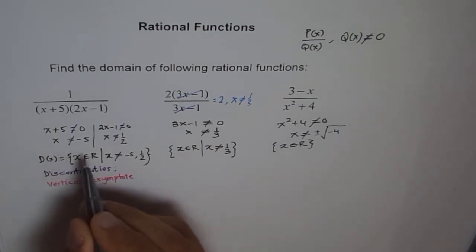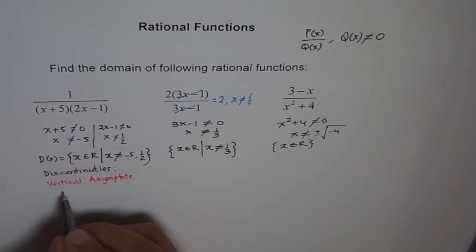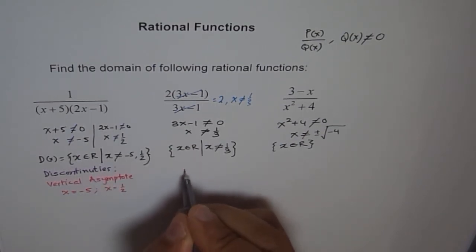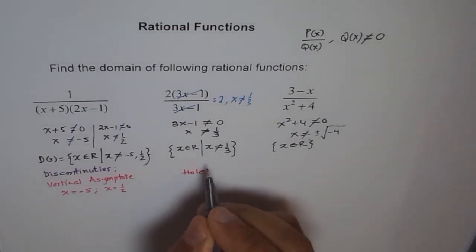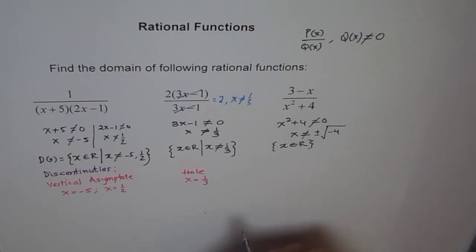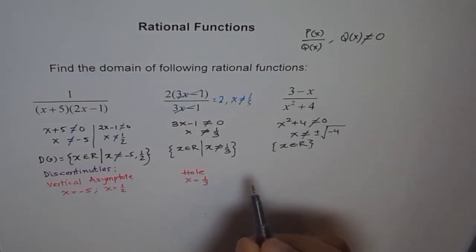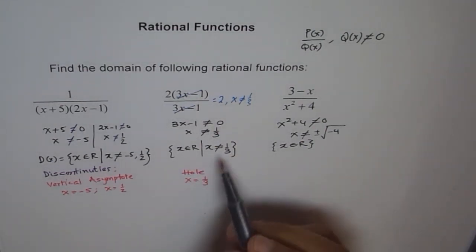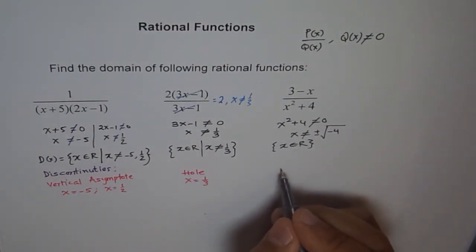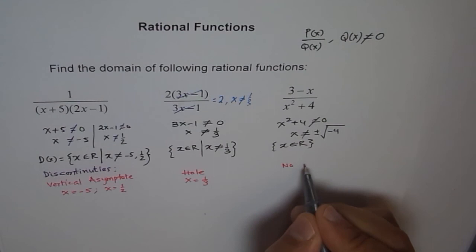The equations of the vertical asymptotes are x equals minus 5 and x equals half. Here we have a hole, at x equals 1 over 3, and its position is 2, so at 1 over 3, its position is 2. And here it is a continuous graph, so no discontinuity.